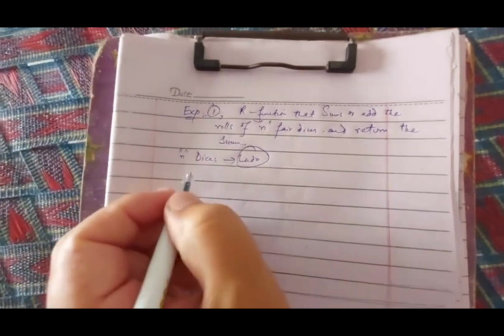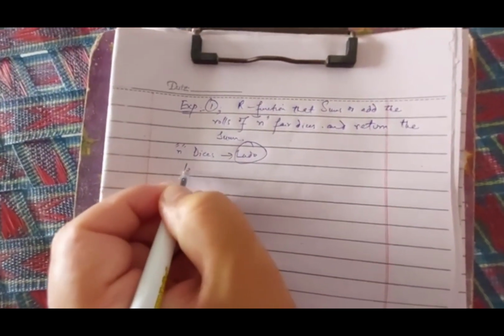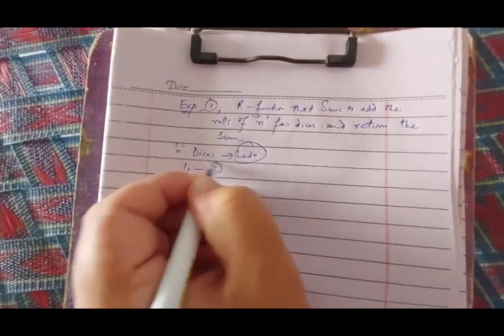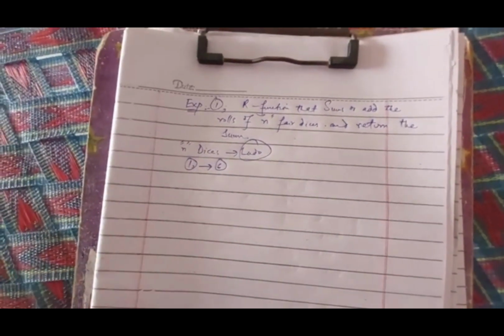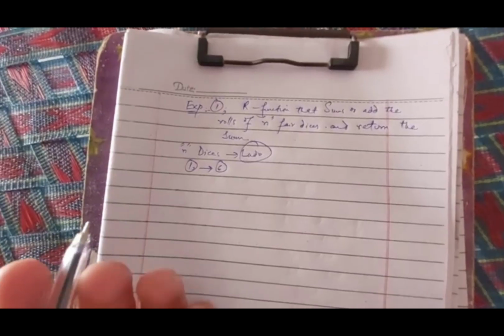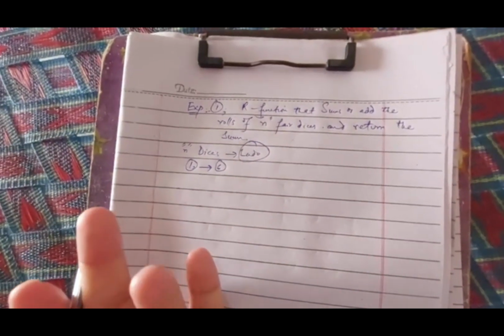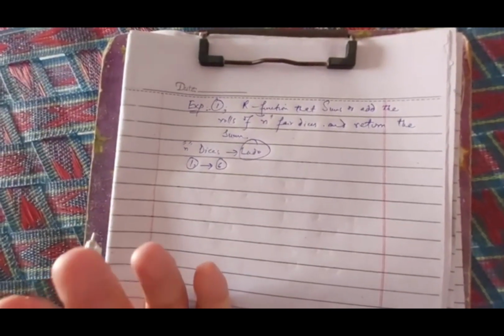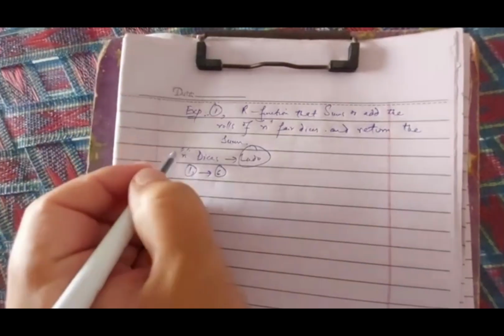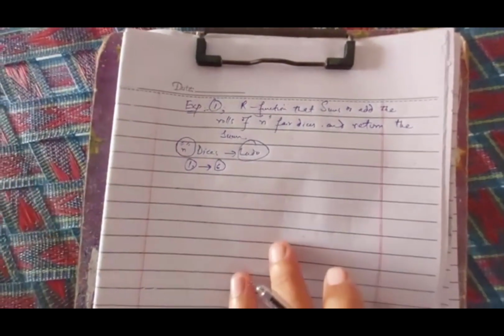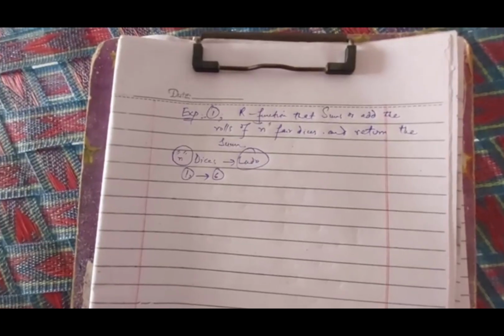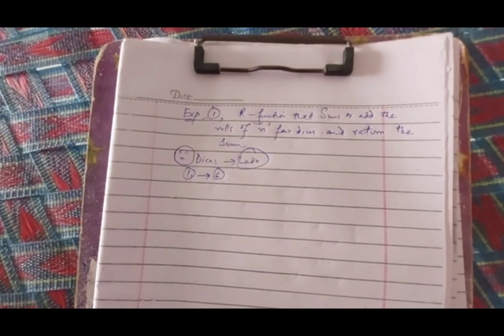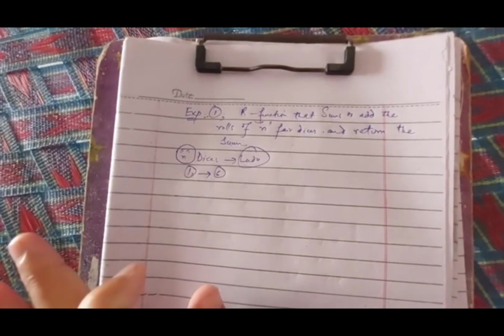A dice can have a value from 1 to 6, any random value. If I roll a dice, it can return 1, 2, 3, 4, 5 or 6 randomly. So if we roll n number of dice, it will give n number of values, and these values are random from 1 to 6.